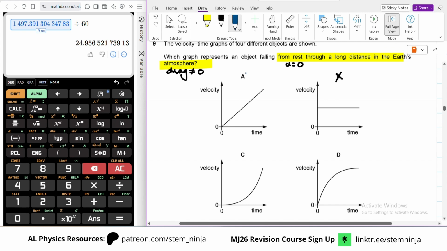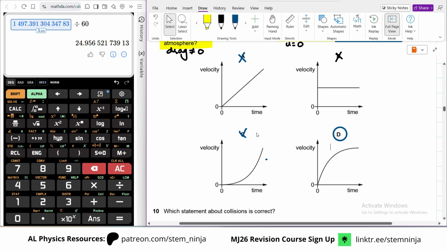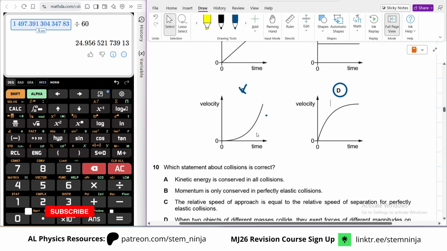It is falling through a long distance in Earth's atmosphere. That means we can say it's reaching terminal velocity. So it's never a constant acceleration, and velocity is not increasing, it's actually decreasing. The rate of change of velocity, the acceleration itself, is decreasing due to the resistive force of air resistance.